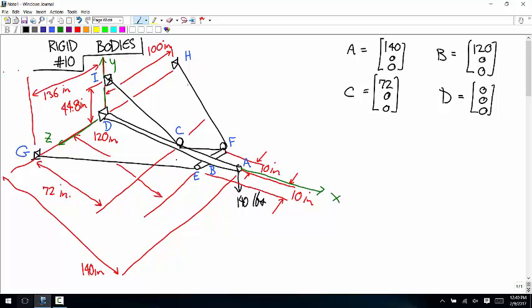And then you have to go in the positive z 10 inches. So E is 120, 0, 10. F is 120, 0, negative 10, because once you get to that point B, you just take the negative z direction 10 inches.